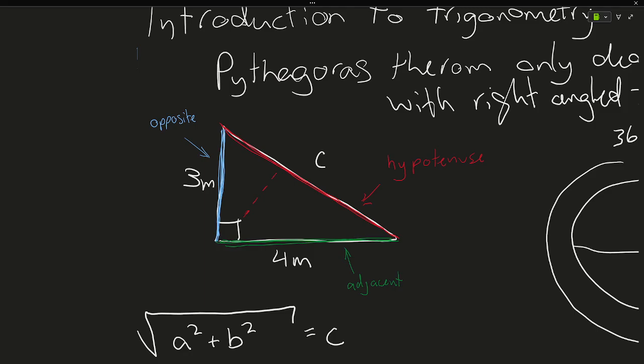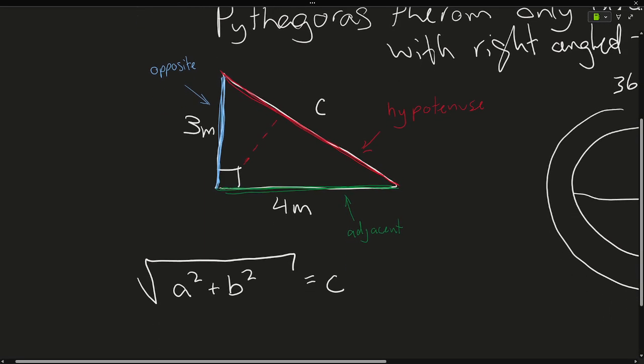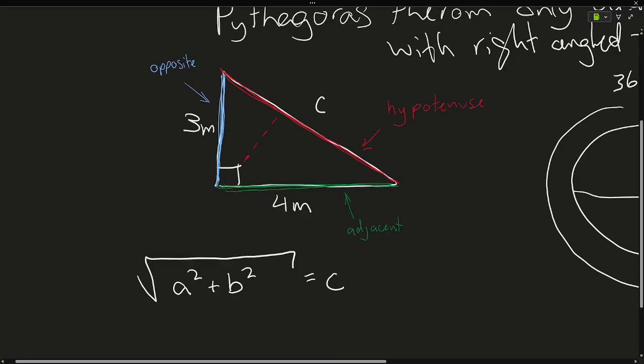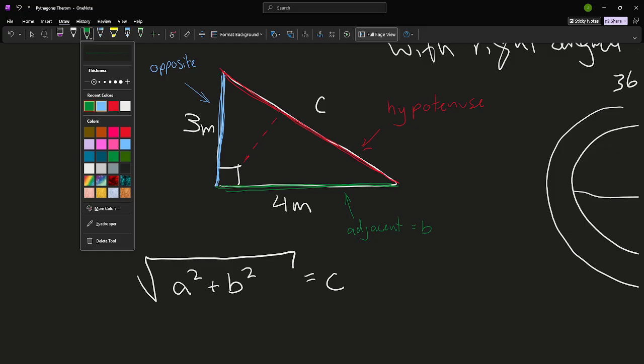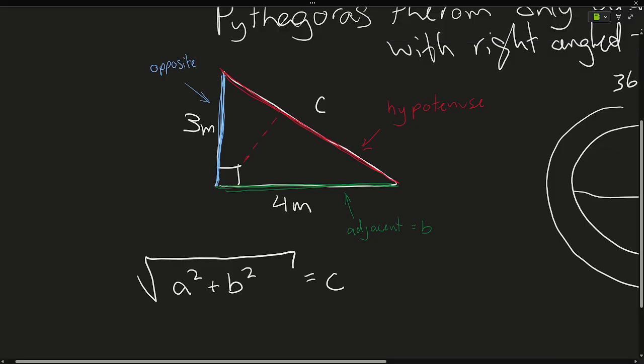So now we have our sides of the triangle. So let's say the adjacent equals B. The opposite equals A. So we have our A side and our B side.